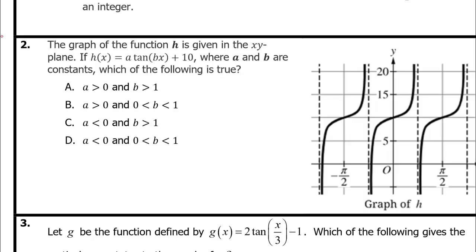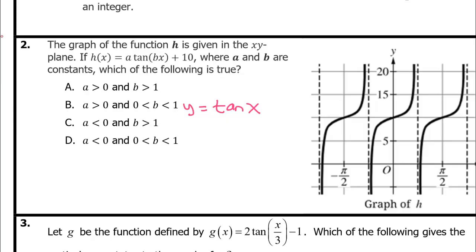The parent function, tangent x, is always increasing from left to right, just like these are. So when we are looking at a transformation of the tangent function, if the little waves are increasing from left to right, we know that we are dealing with a positive a value.